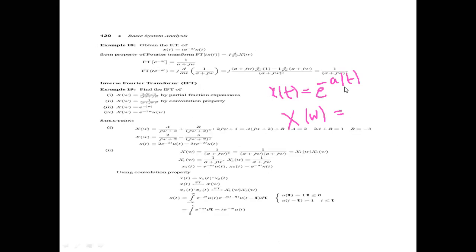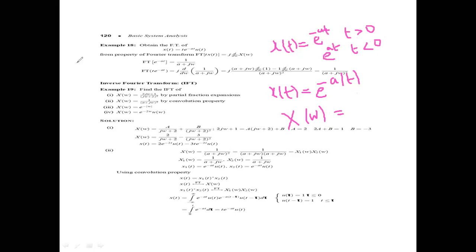E power minus at, and t is equal to 0. For t greater than 0, which means t is positive, at that time x of t is e power minus at. And t less than 0, it becomes e power plus at, a minus value.